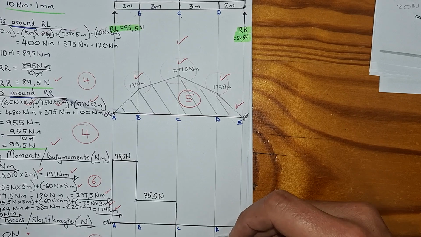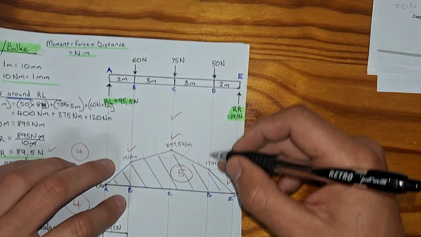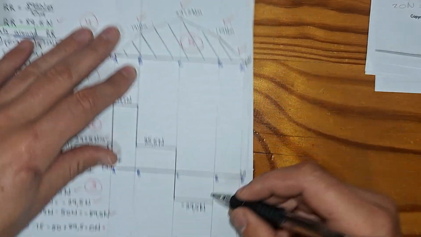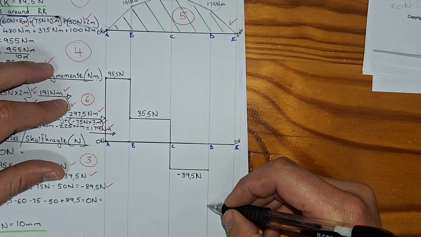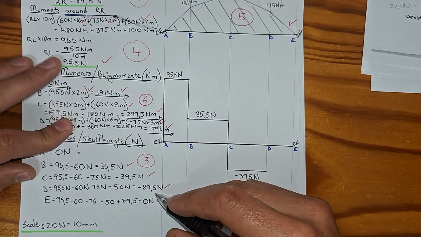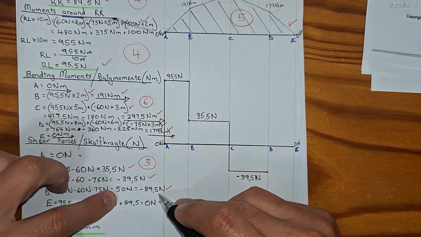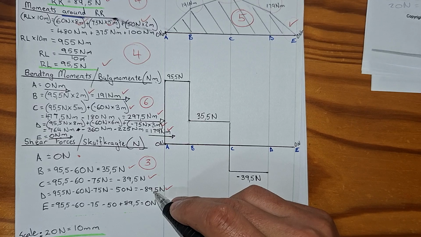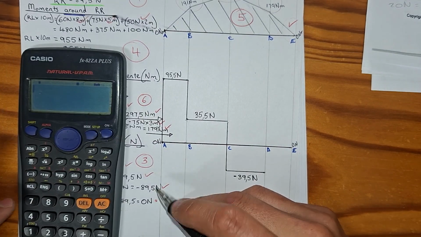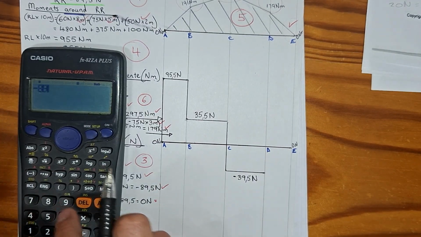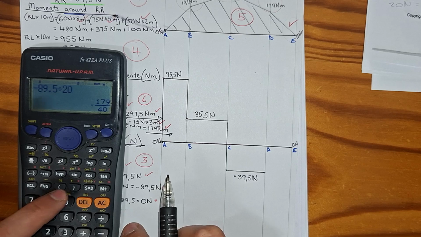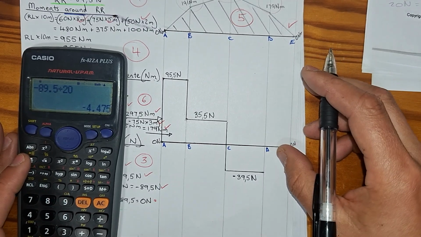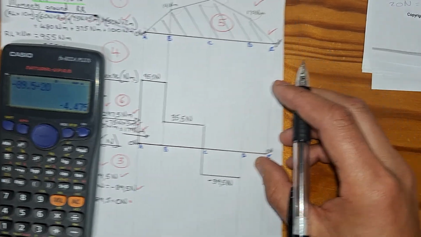So at this same point here, following it up, it goes down another 50. So from this point, it goes down 50, but we already plotted here the minus 50, that it ends at minus 89.5 newtons. So minus 89.5 divided by the scale of 20 equals minus 4.475.